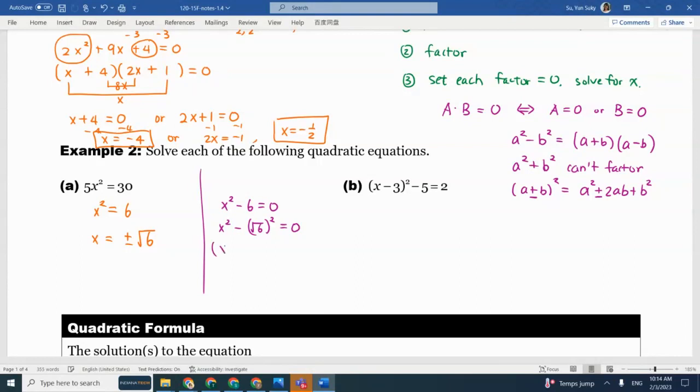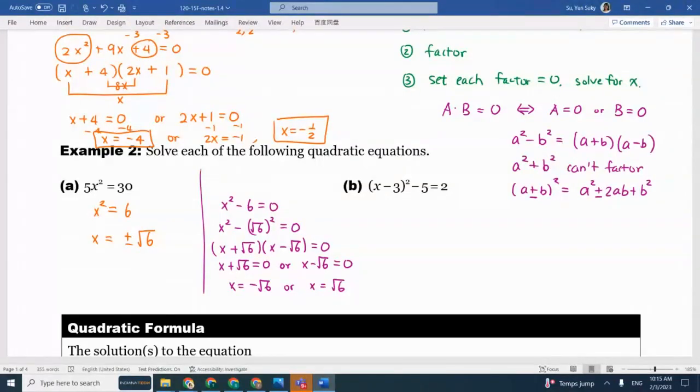So then we get x plus square root of 6 times x minus square root of 6 equals 0. Therefore, x plus square root of 6 is 0, or x minus square root of 6 is 0. So x is negative square root of 6, or x equals positive square root of 6. You see, we have the same answers.